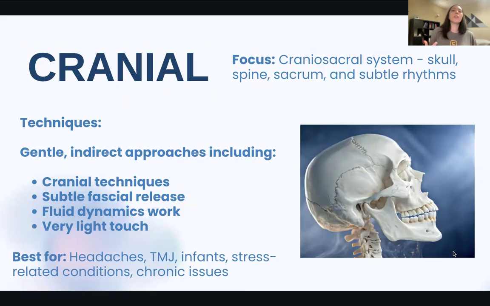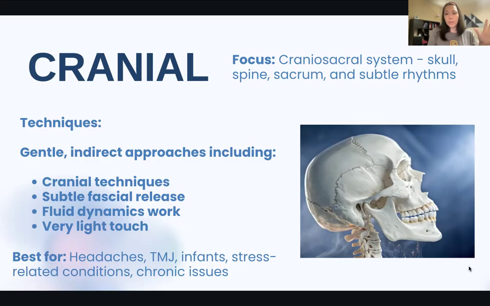So your cranial osteopathy, the focus is on the craniosacral system, the skull, spine, sacrum, and the subtle rhythms of the cerebral spinal fluid. It may be very specific, like an Upledger or Sutherland craniosacral treatment. It could just be osteopathy in the cranial field, which is more likely where I'm hanging out.